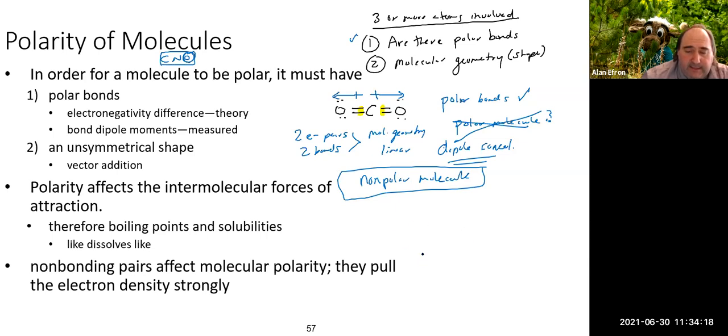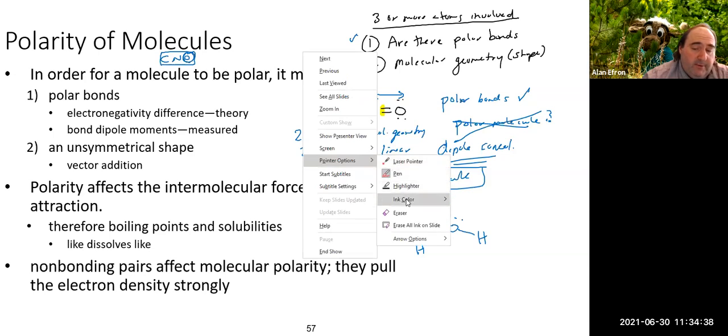Now, if we look at something like water, for example, and we want to determine whether or not this guy is polar or nonpolar, we would do the same thing. We want to first see, are there polar bonds or nonpolar bonds?